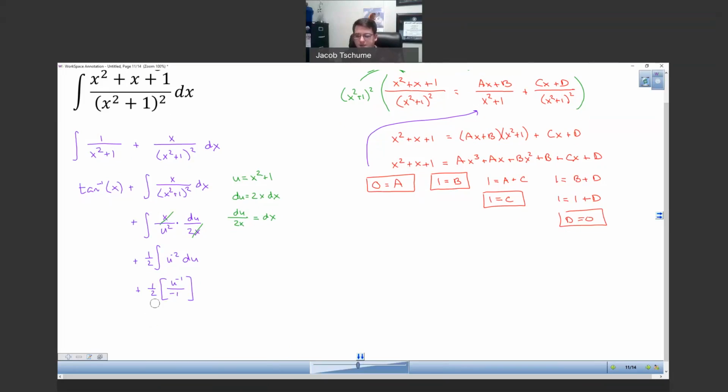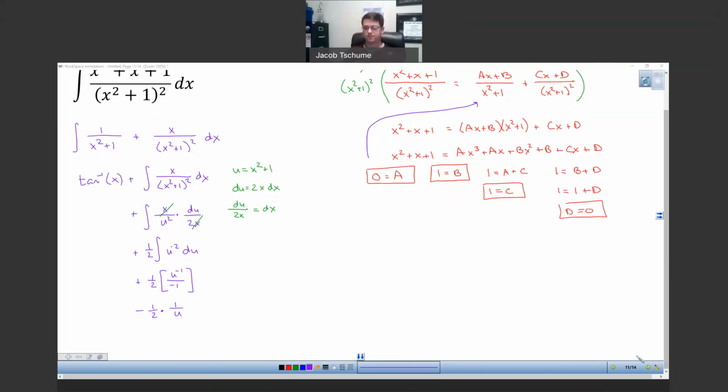If I bring that negative 1 out front, it actually becomes a minus 1/2 times, and then rewriting the u, you get 1 over u. Take this inverse tangent from the beginning, and we're going to bring it down so I can write my final answer over here on the right where there's more room.